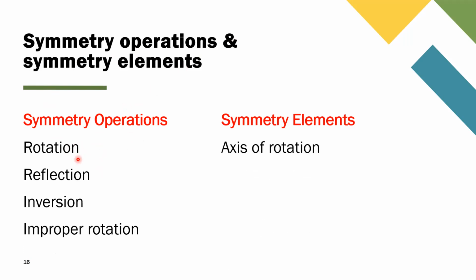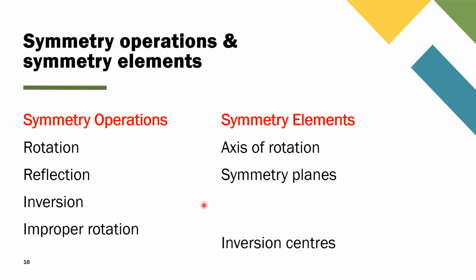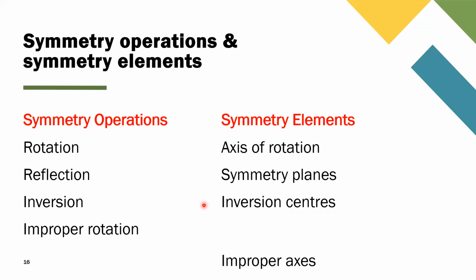For rotation, you get the axis of rotation; for reflection, symmetry planes; for inversion, inversion centers; and for improper rotation, improper axes. So these are the actions we do for the movement: rotation, reflection, inversion, and improper rotation.